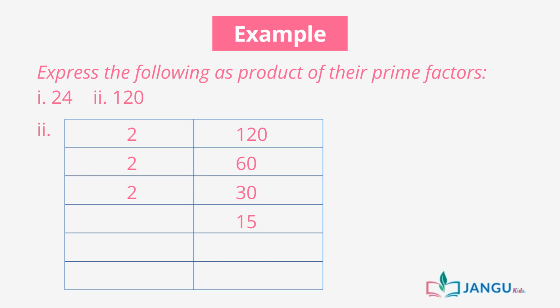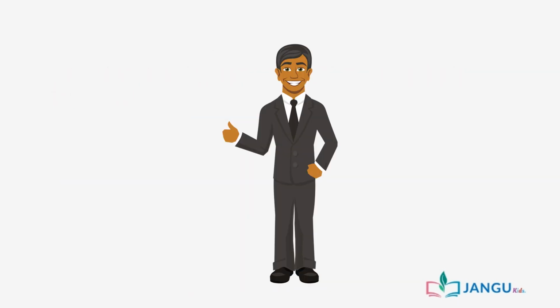At this point, we move to the next possible prime number, which is 3. 15 divided by 3 is 5. 5 divided by 5 is 1. And we're done. Therefore, 120 written as a product of its prime factors is 2 times 2 times 2 times 3 times 5. Good job!